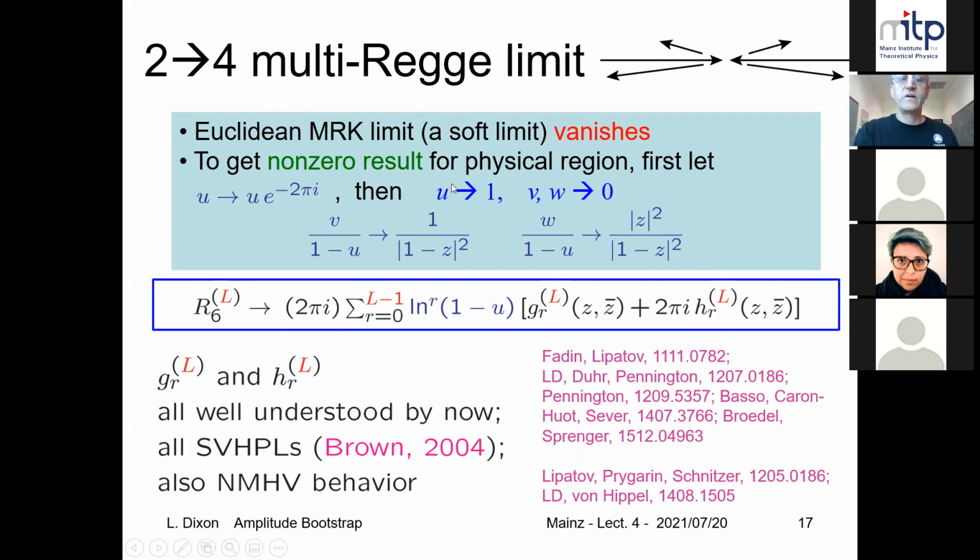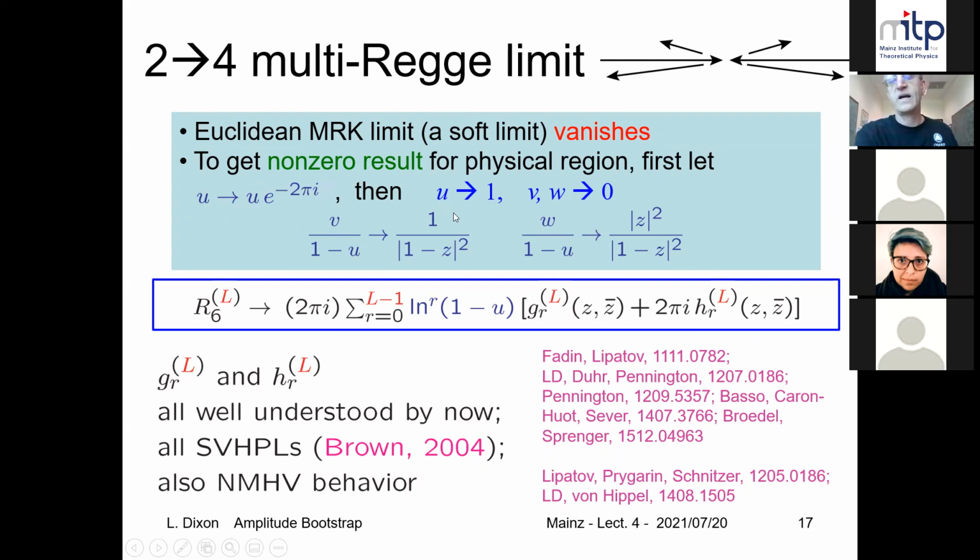And the remainder function vanishes in all the collinear limits, just as it did for the form factor. And so it would also vanish in the soft limit. However, there's a distinction, which is that we're not taking this limit in the Euclidean region, but we're first going to go into a physical region. And so, as I was mentioning earlier, you first need to analytically continue u around the origin by wrapping u goes to u e to the minus 2 pi i.